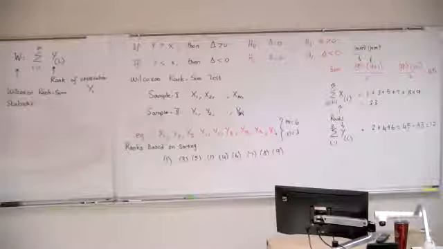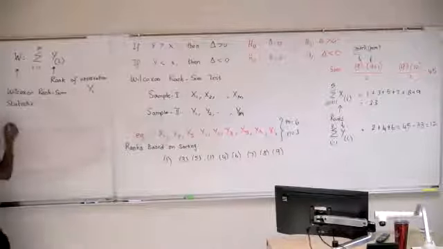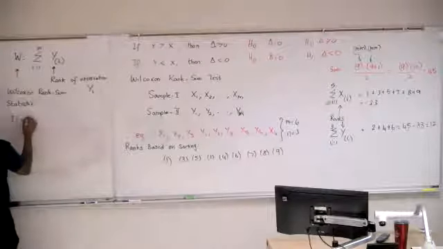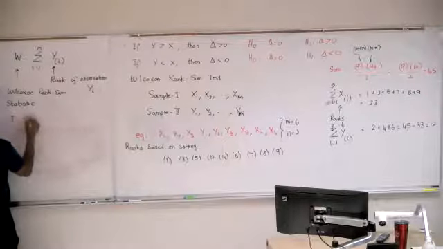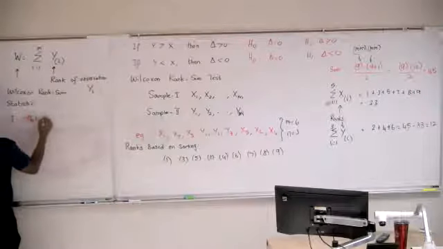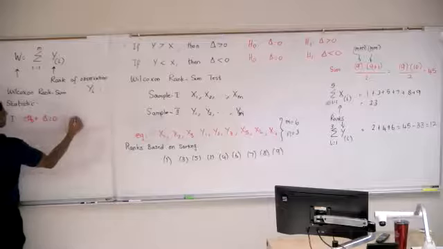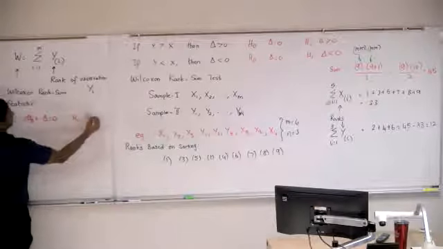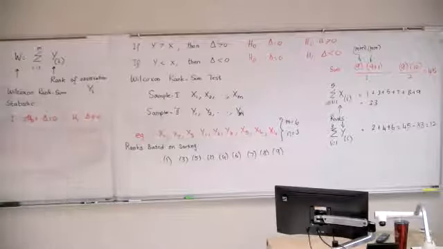Now we just have to write it for 3 different tests. Very first test. Delta equals 0 versus delta not equal to 0. Good.